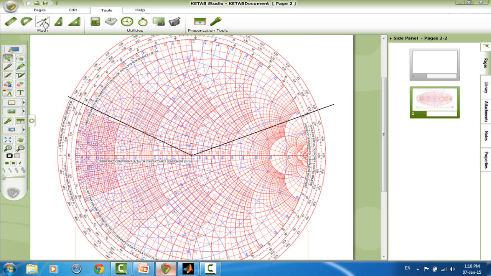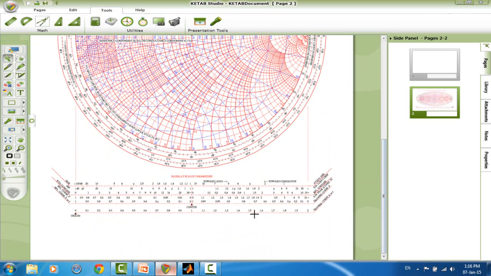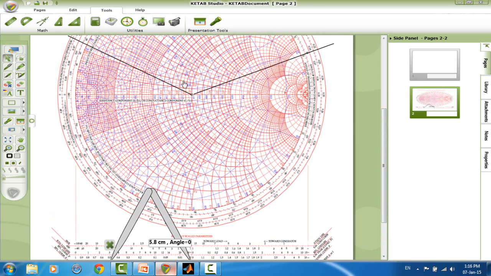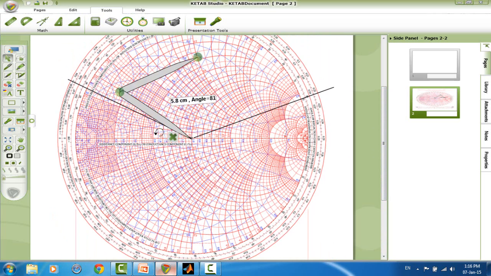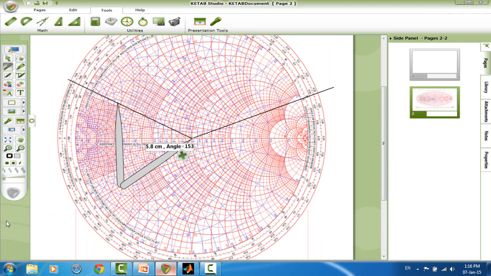Now let's get the compass. S11 magnitude equals 0.707. Here is 0.707. You have to put it at the origin and draw a point.